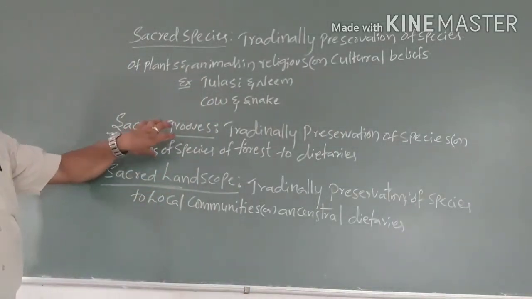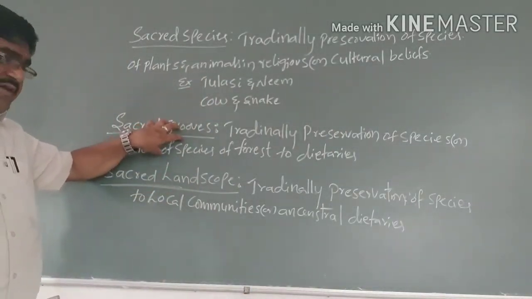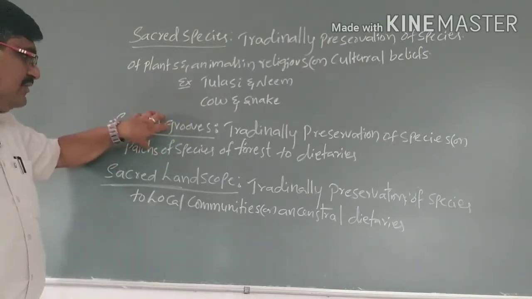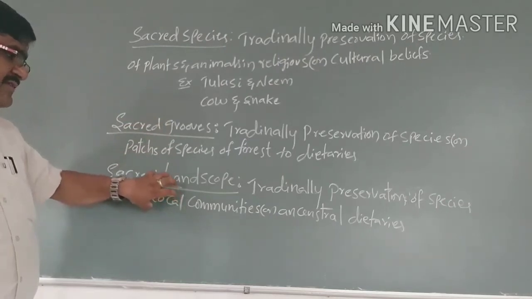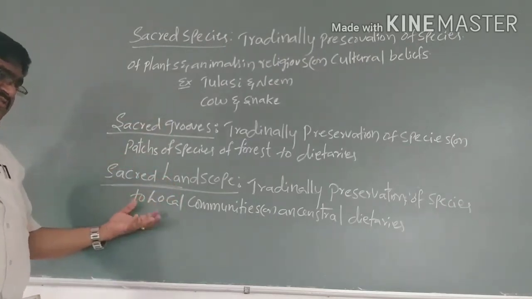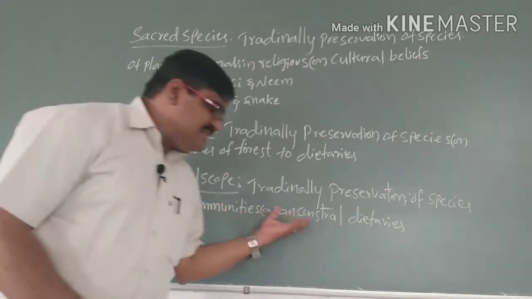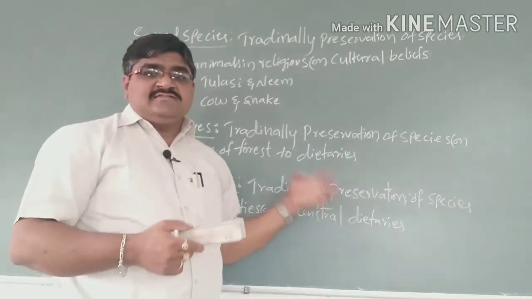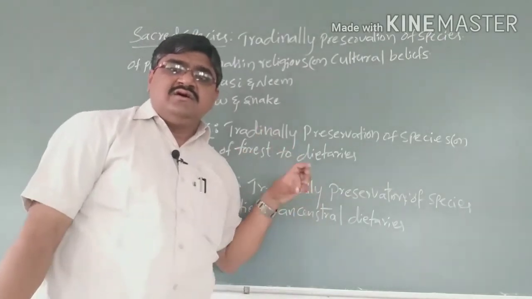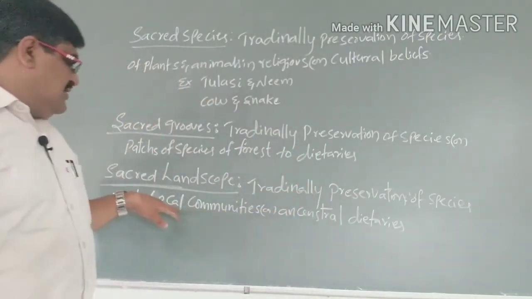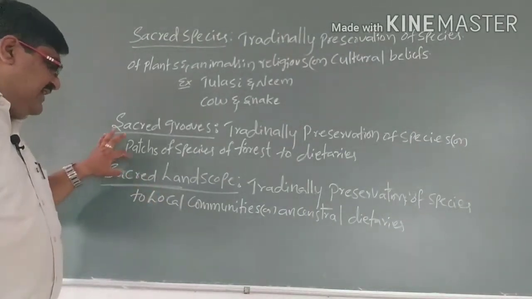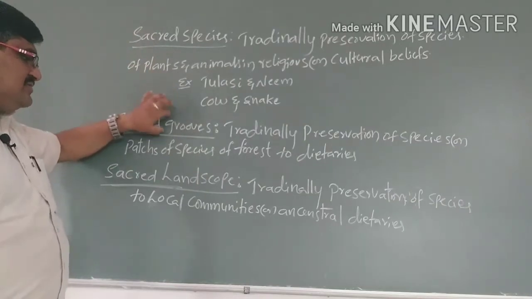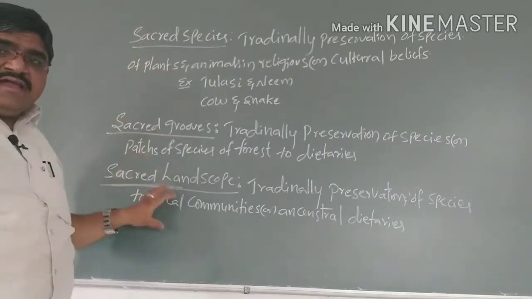Patches of species are preserved by local communities, taking place through the ancestral traditions. Such species preservation we can call sacred landscapes. That is sacred species, sacred groves, and also sacred landscapes.